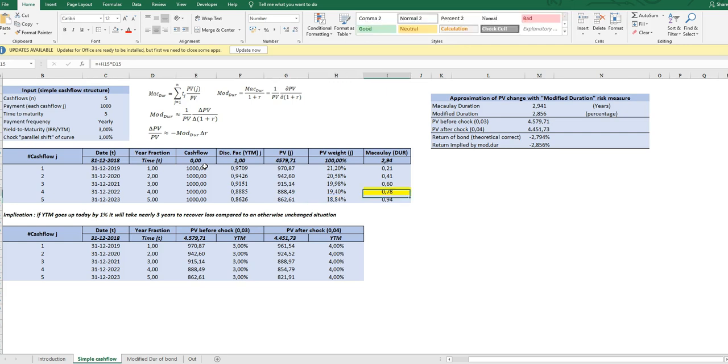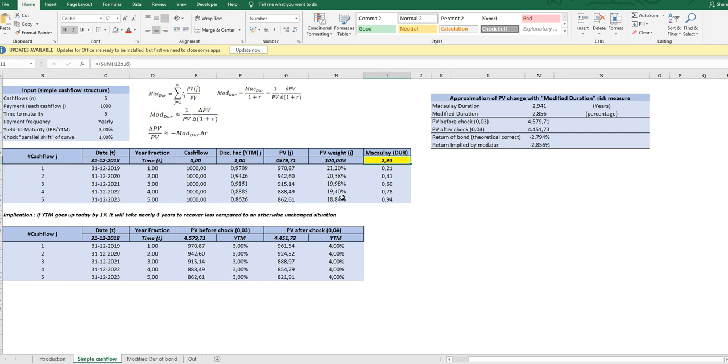And with those weights we can now calculate the Macaulay duration as the sum of the time multiplied factors. So here, for instance, on year 5, we calculate 5 years with the weight of year 5. And it gives us 2.95 as a Macaulay duration.